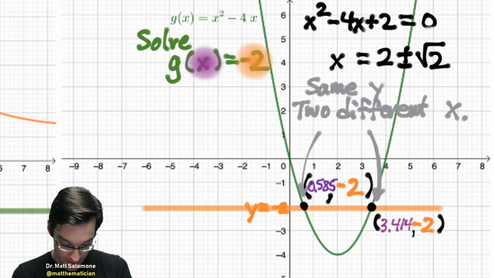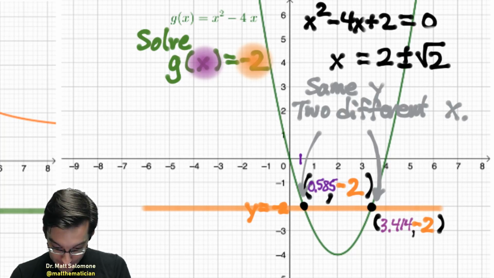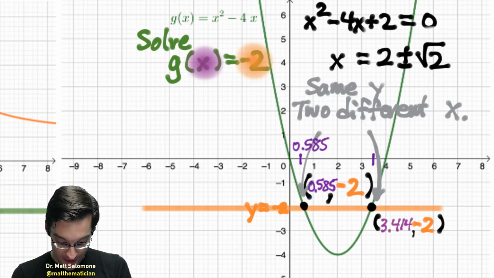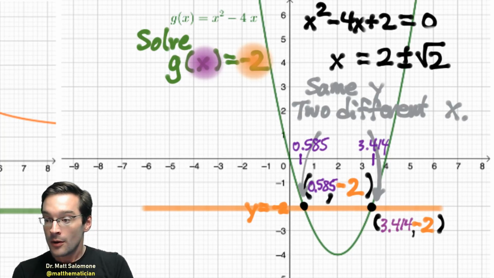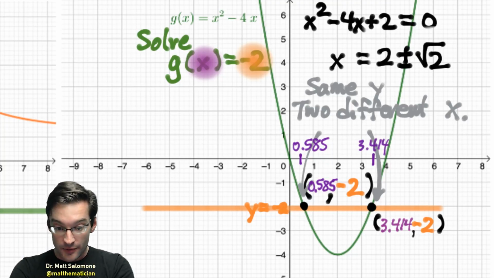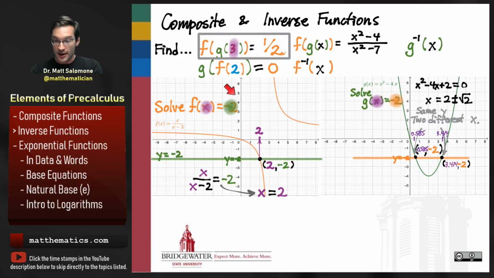So I have these two different x values, both of which have the same y value, -2.